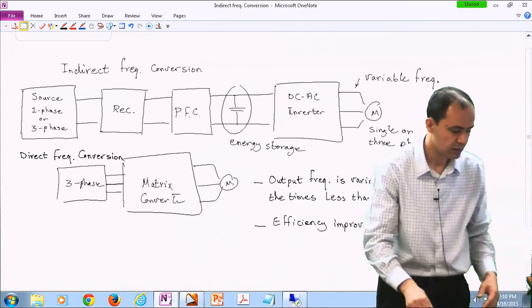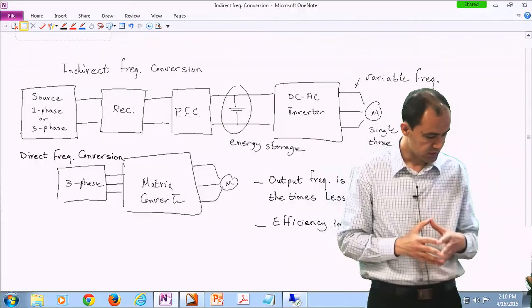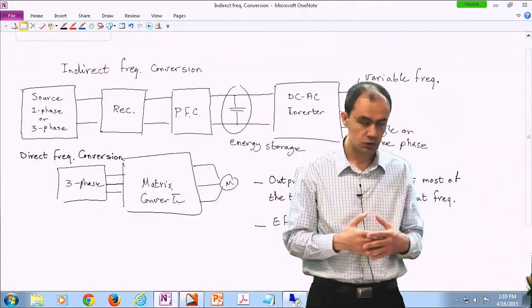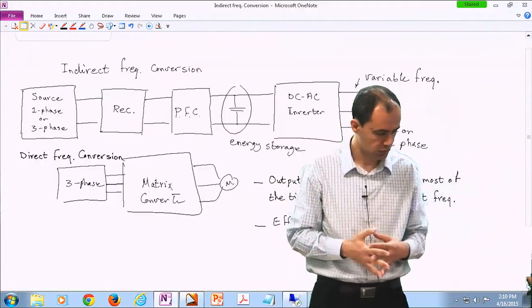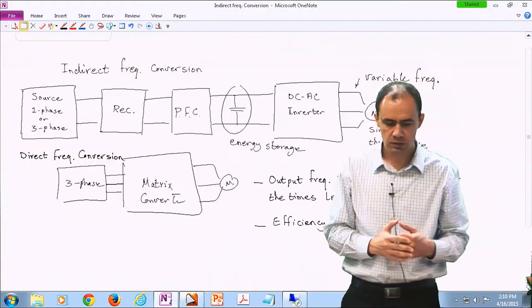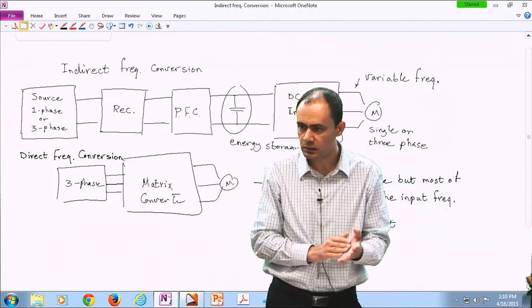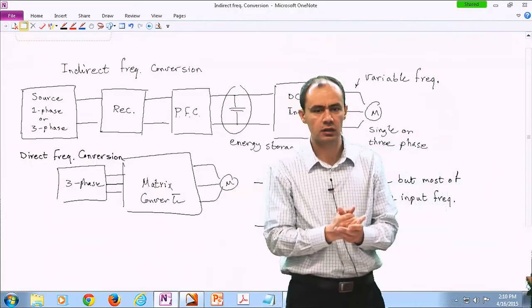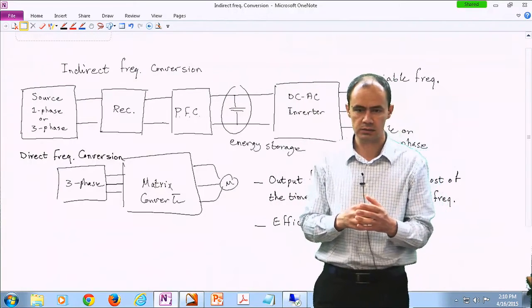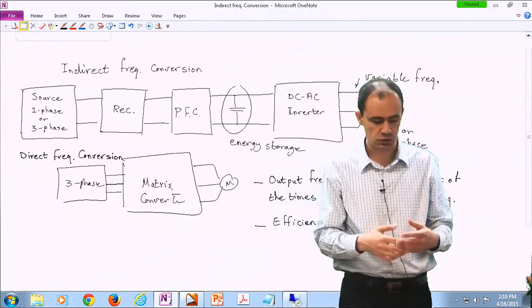And the other thing would be in the top approach, as you can see, there is a capacitor, which I call the energy storage device, but it's usually an electrolytic capacitor. The lifetime of these capacitors is sometimes not very promising. After a while, usually the component that needs a replacement is the capacitor, because they do age and they are sensitive to high temperatures.